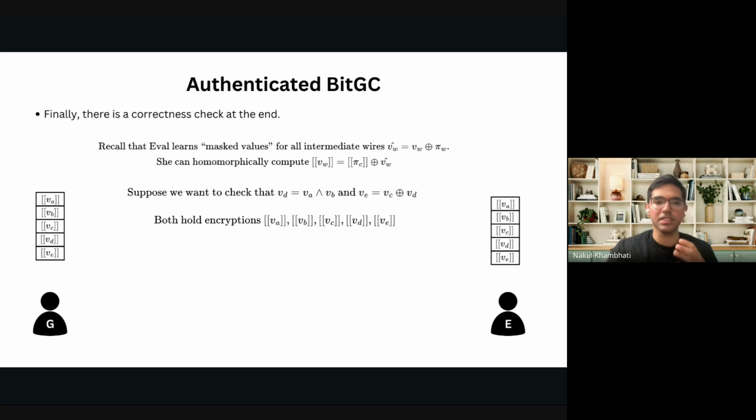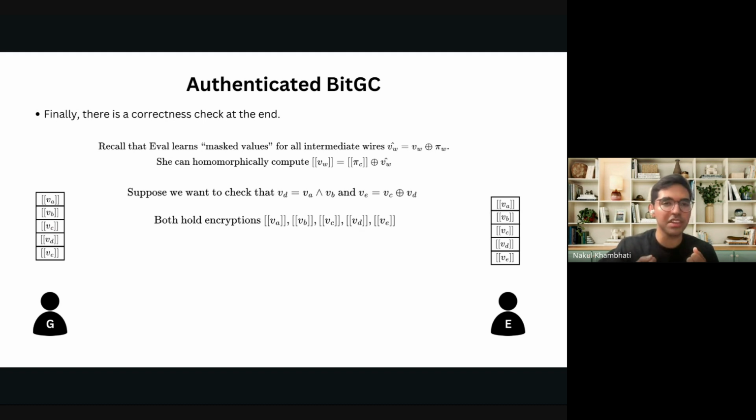This follows the same blueprint that I described earlier, except now instead of holding XOR shares of the underlying wire value, the parties now hold encryptions of the underlying wire value. Again, by point and permute, the evaluator holds the masked value for intermediate wires in the clear, but she also holds encryptions of the permutation bits.